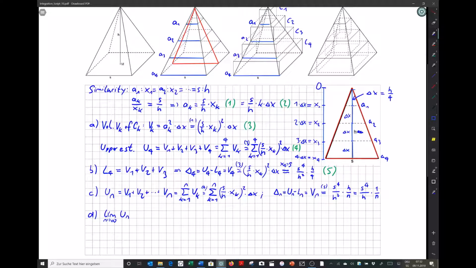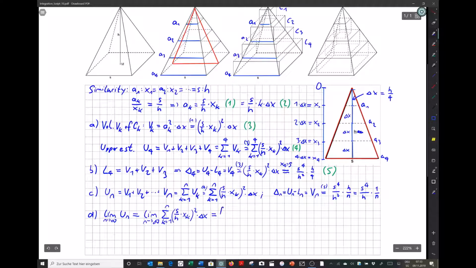Now we come to the last step. Let us see what happens when n goes to infinity. So insert for Un just the upper result. And since the xk are just k times delta x, we should realize that this is exactly the definition of the integral.